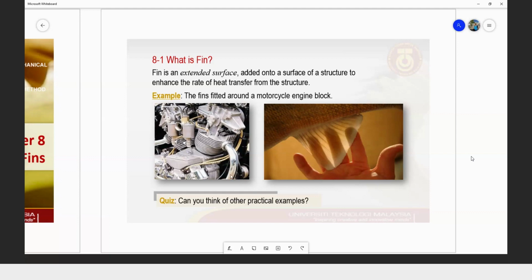For example dekat enjin motosikal biasanya kita akan selalu nampak lah benda ni. Enjin kereta tak nampak. Kalau motosikal yang kecil tu pun biasanya tak nampak juga, yang ada big horsepower tu you may see this.